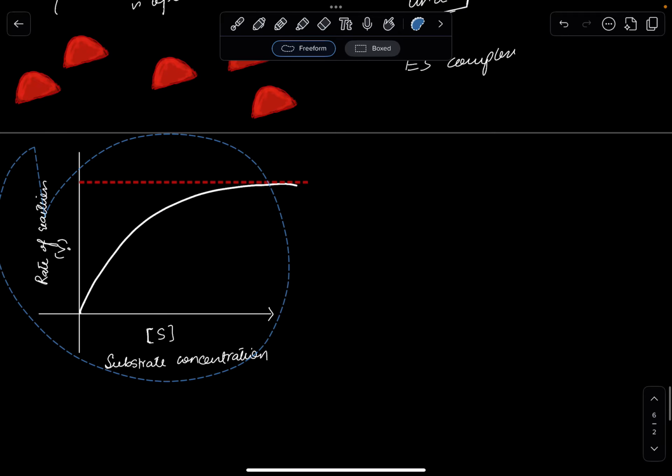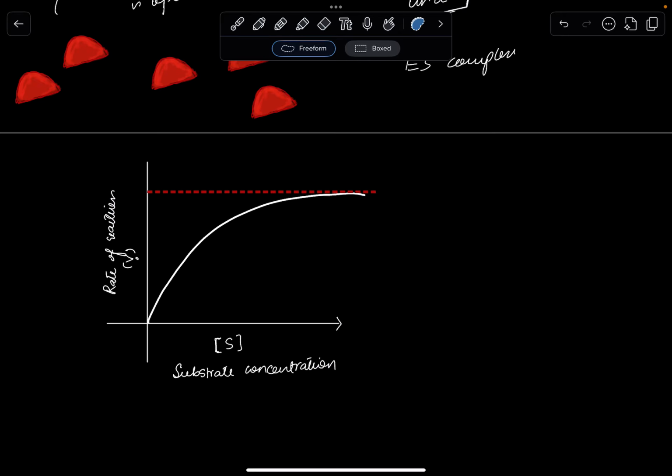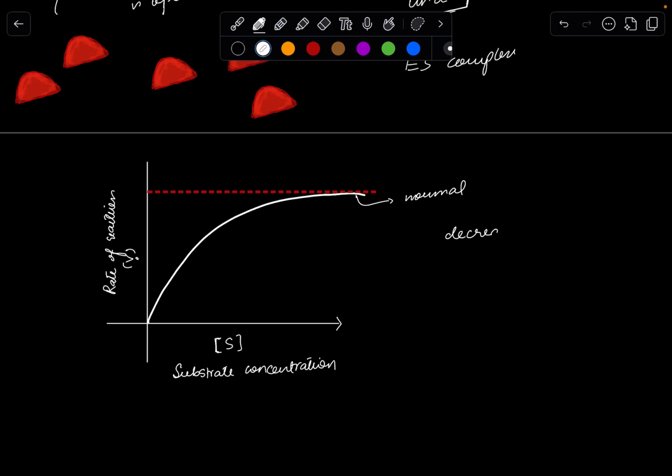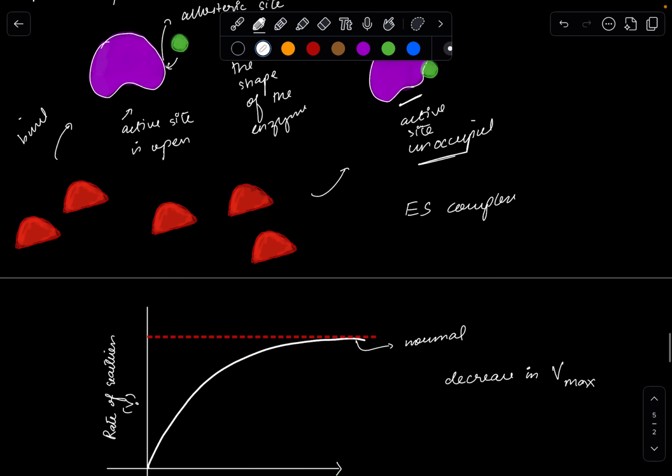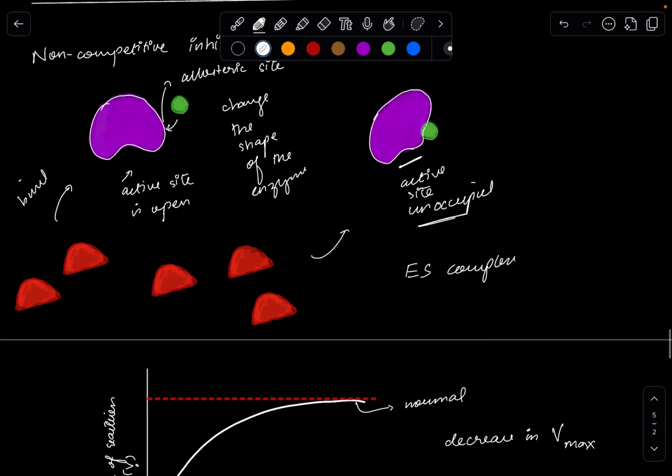This means that if this is my normal curve, with no inhibitor added, then for my non-competitive inhibitor, what I will see is a decrease in Vmax. Why will there be a decrease in Vmax? Because look at this.